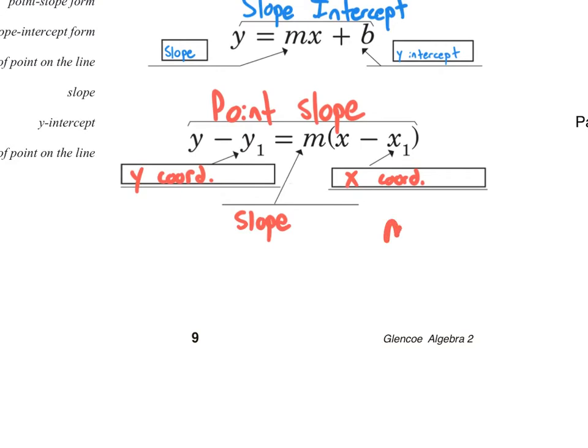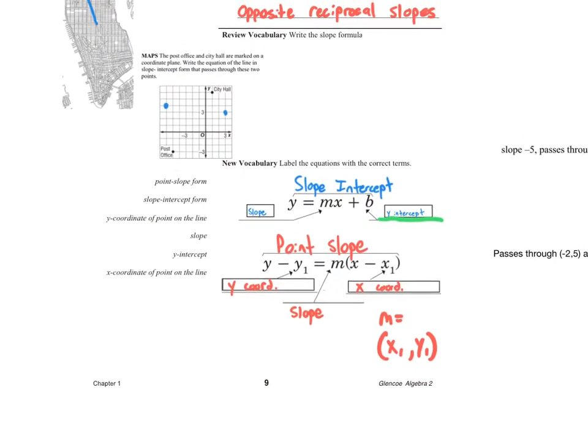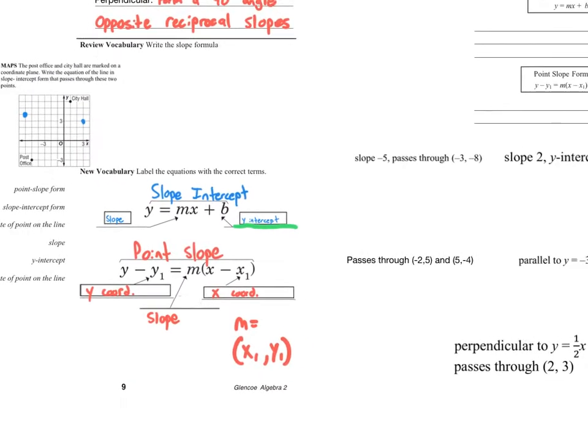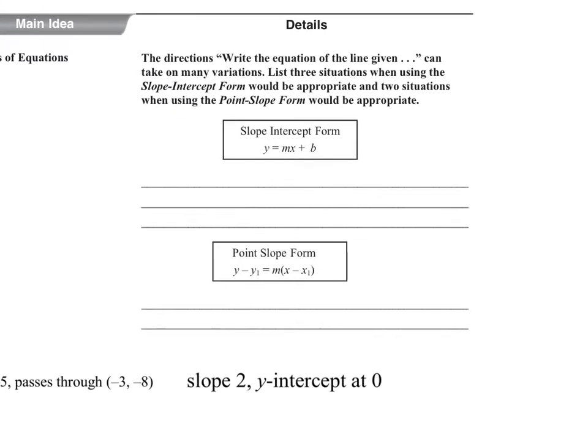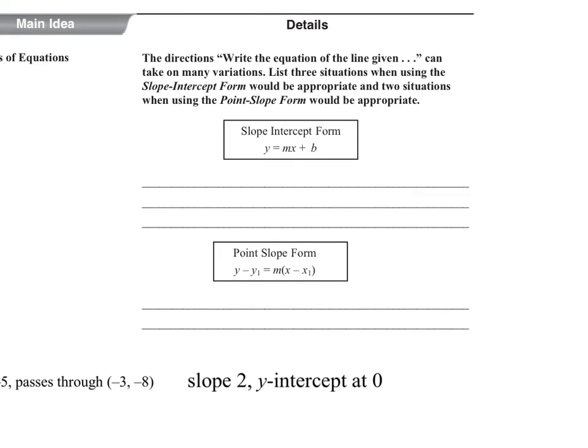So we'll use a slope, and we'll also use a single coordinate point to write equations into point slope form. And that, once again, is handy because for slope-intercept, you need to know the y-intercept in order to write it. Point slope, you do not need a y-intercept.